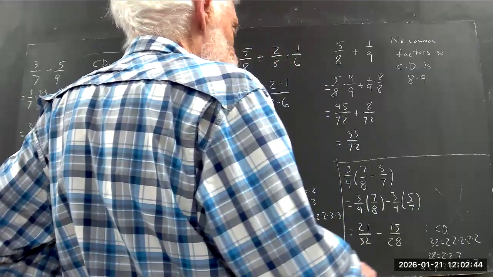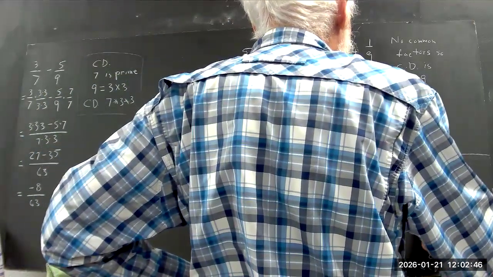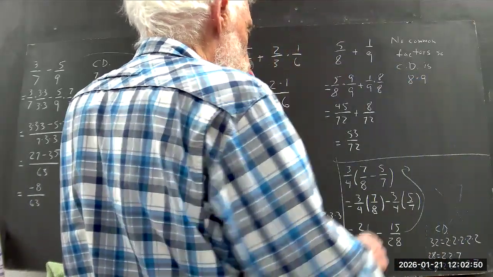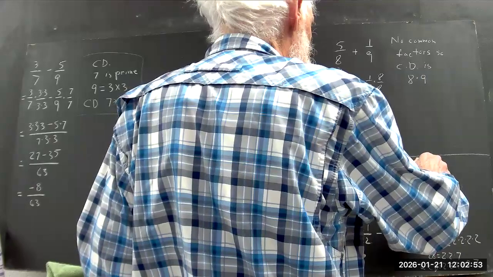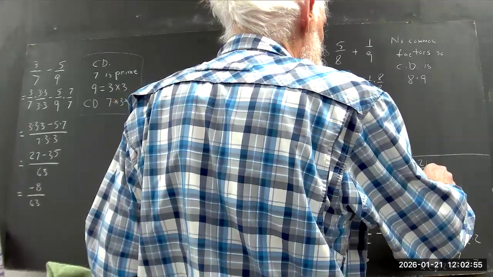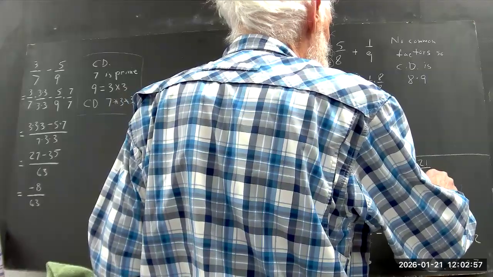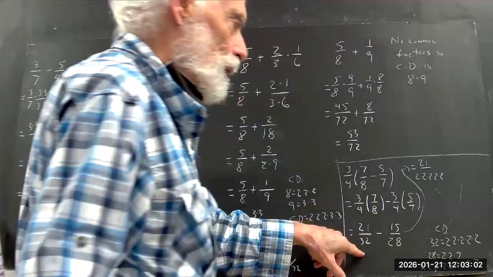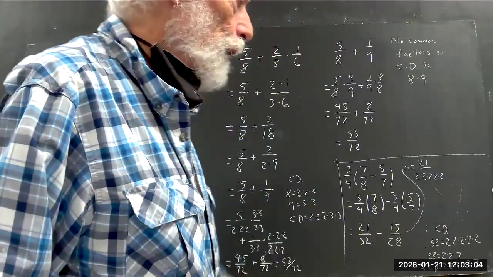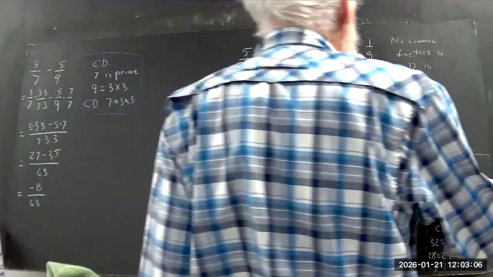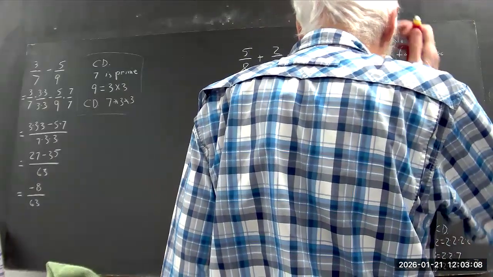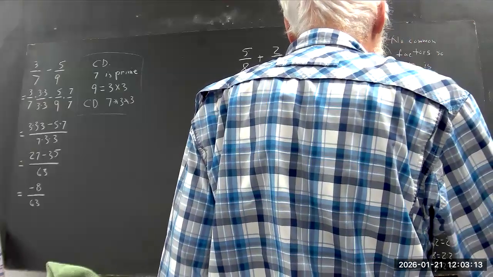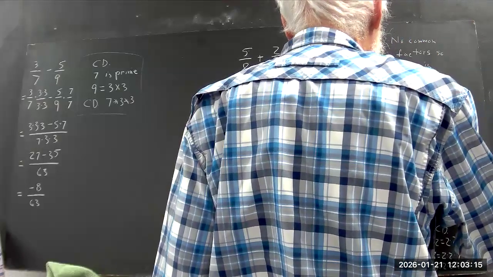Well, I'm going to bring this calculation up here so I have room. So this is going to equal 21 over all those 2's. I'll write the 32 in its factored form, multiplied by 7.